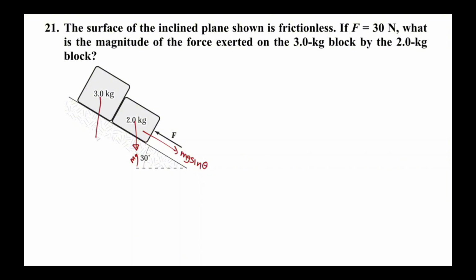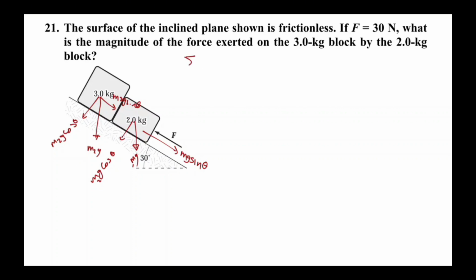Again, this is m2g, this is m1g, and this is m2g sine theta, and this one is cosine, m2g cosine theta.